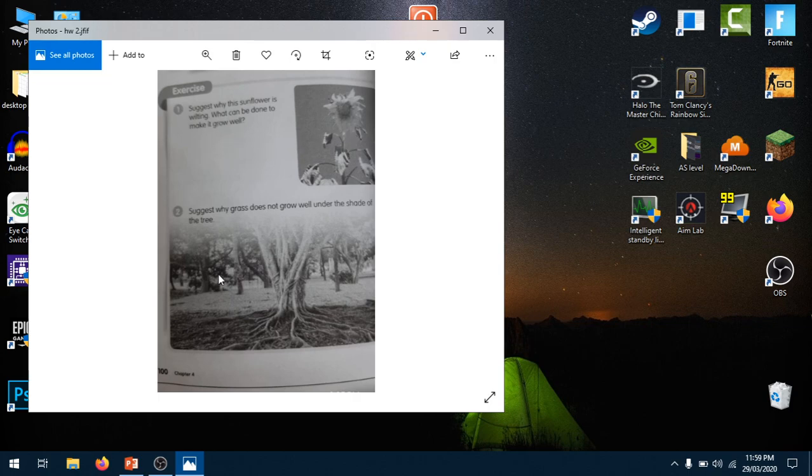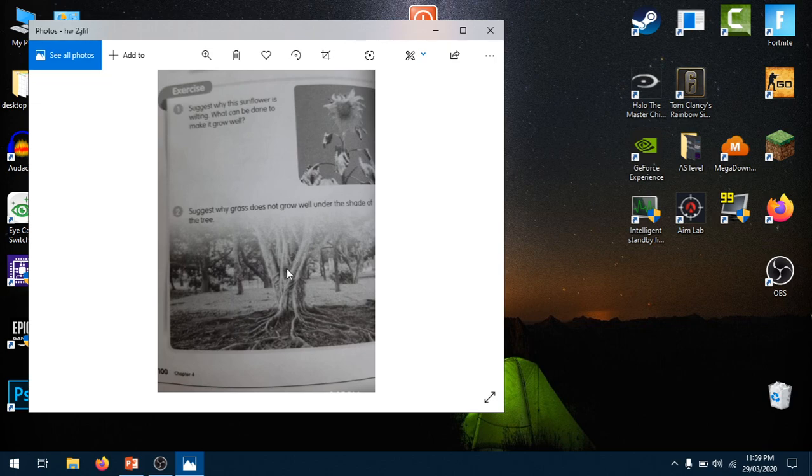I already told you. Now in this one, suggest why grass does not grow well under the shade of the tree. Under this big tree, you see there are no small plants. Why? What is the reason? Yes, because the sunlight cannot come here, so the small plants cannot grow, because small plants need light.